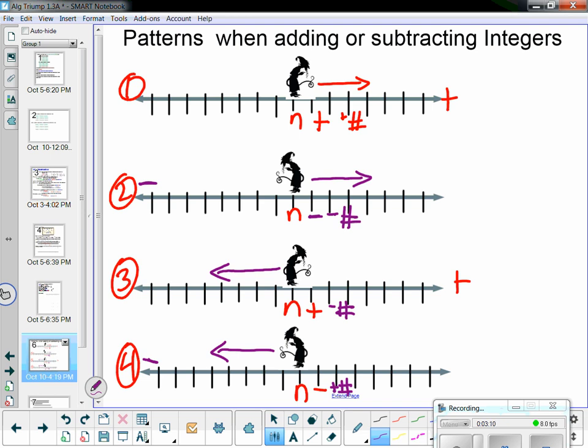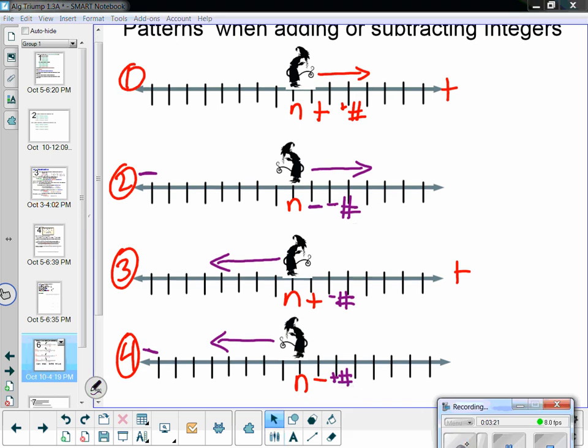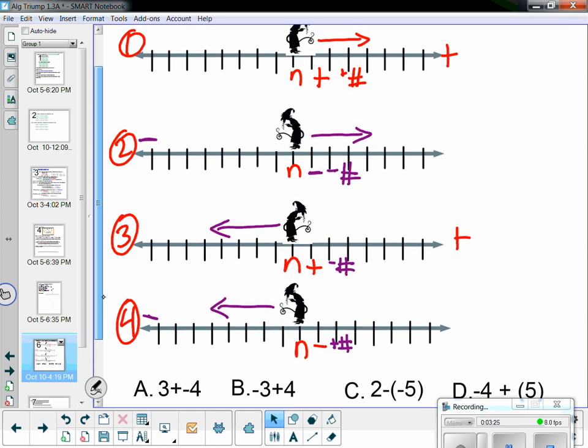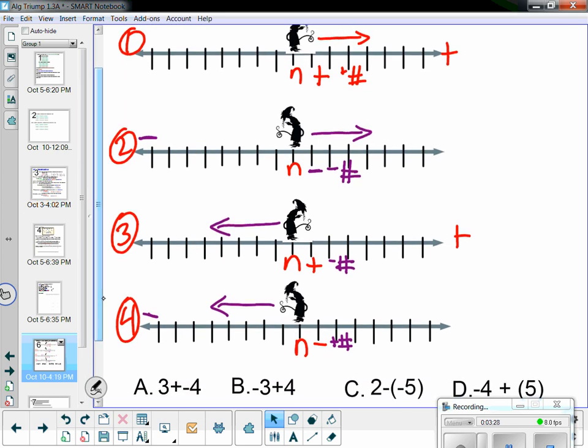Here's your job. On a piece of paper, I would like you to tell which picture represents each of the problems below. Remember, the starting number is not what we looked at. We looked at the change number and the operation.